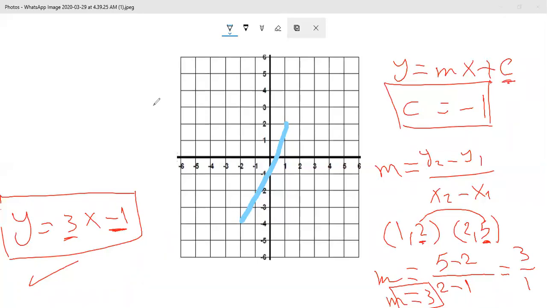From where 3? The rule said y2 minus y1 over x2 minus x1. We will extract 2 points from the red line, and we will substitute in the rule to find the gradient. Excellent, Yasmin. Then, from where this negative 1?